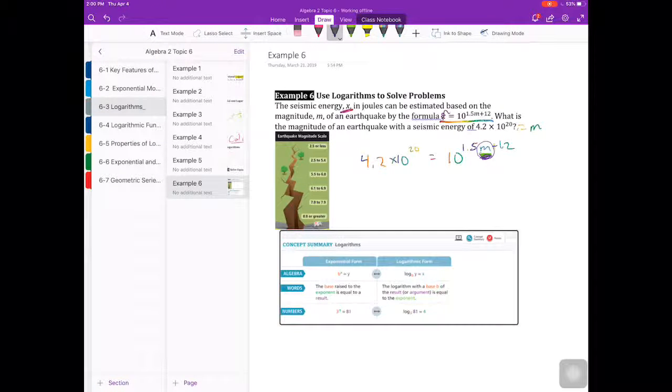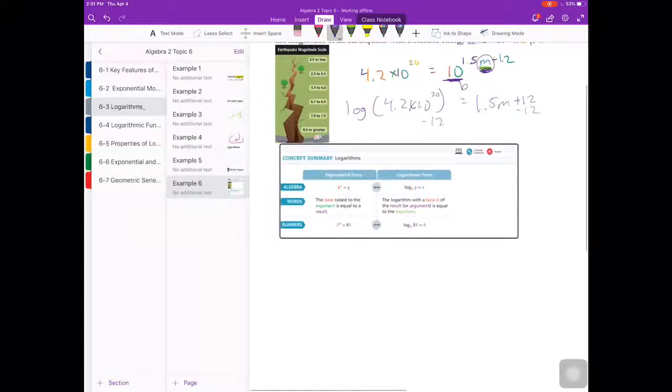So what we're going to do is take the log, the common log, because this is our base right here. So we're going to say the log of 4.2 times 10 to the 20th is 1.5 m plus 12. So I'm going to put this in my calculator. Well, I'm going to subtract 12 from both sides first.